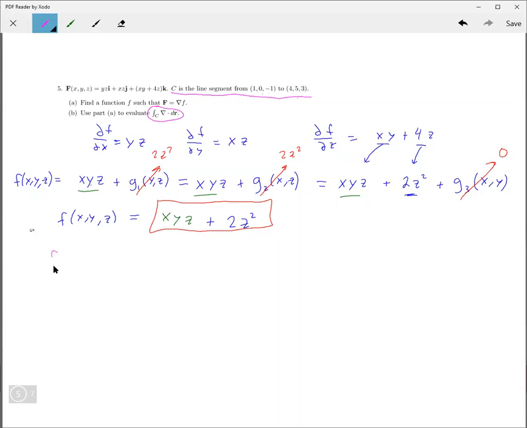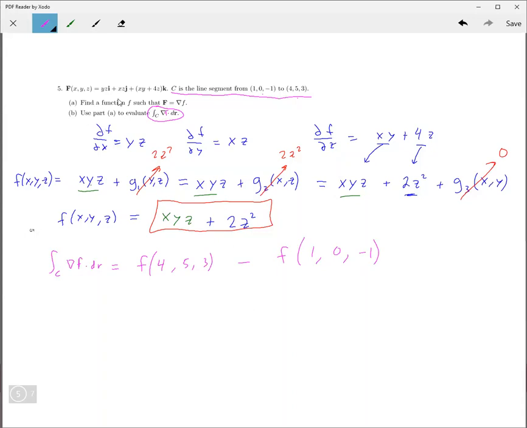So the integral, wait a minute. I can't believe it. I left this off. Okay, so that's going to be equal to the end point minus the beginning point.